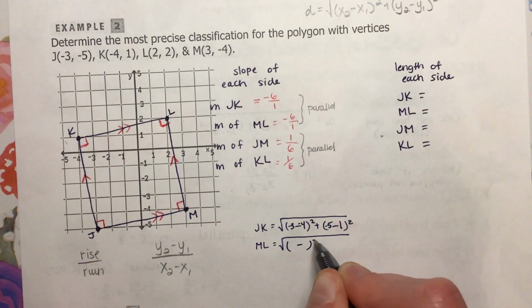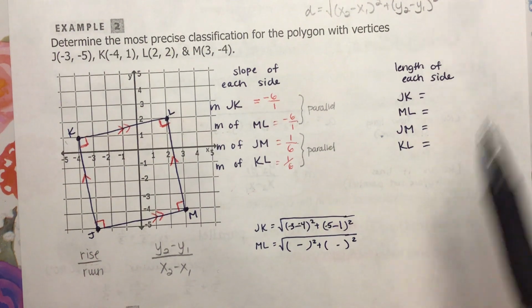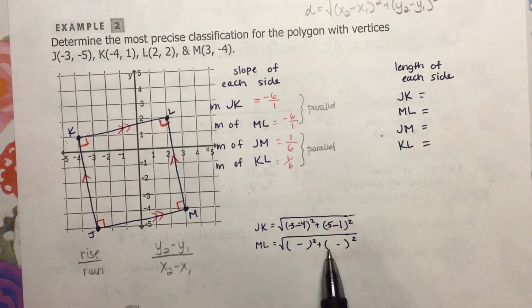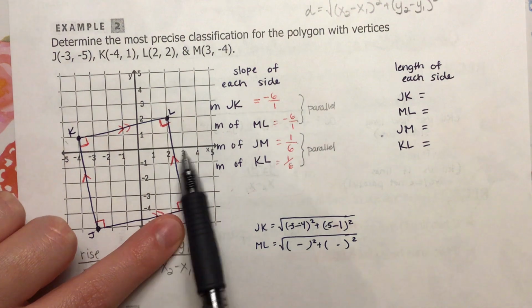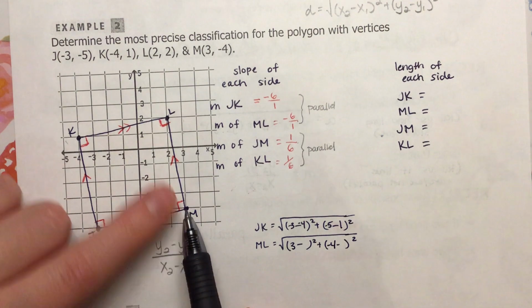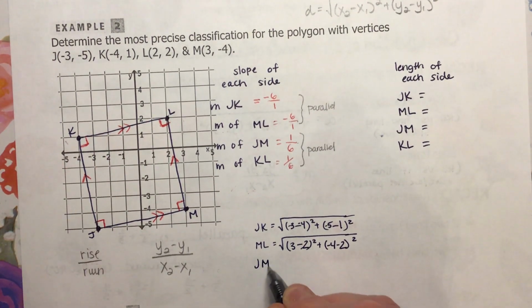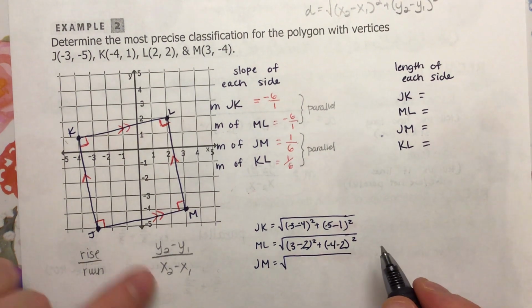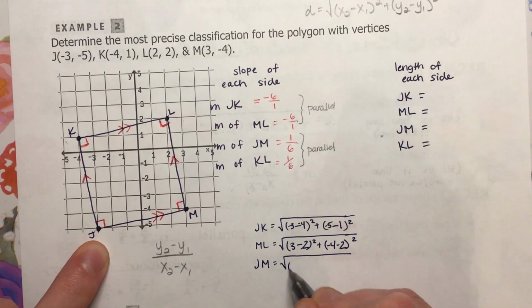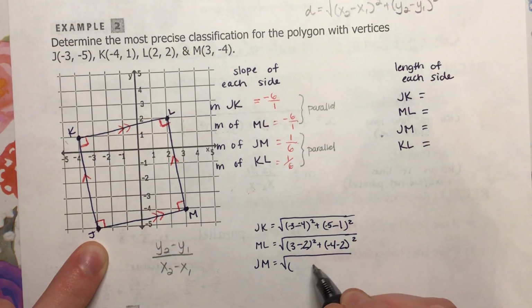And I'm just kind of getting this ready so I can quickly plug in my values into my formula. So if I know my x and y for the first one and x and y for the second one, then I can just plug those in accordingly. So ML, this is at 3, -4. And then L is at 2, 2. Okay. JM is the square root of, this is -3, -5.